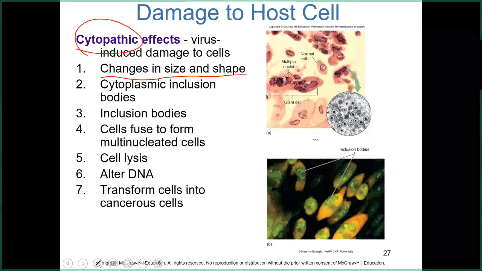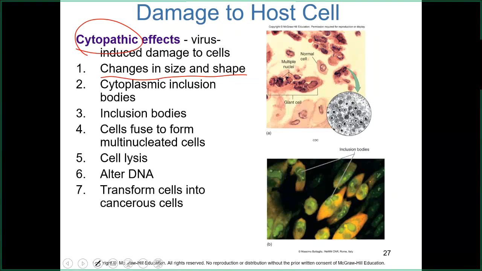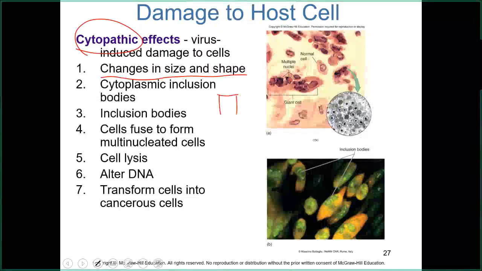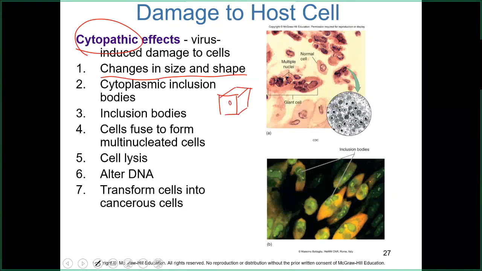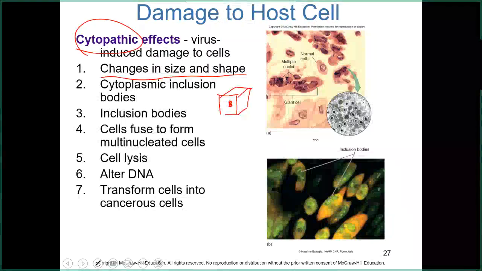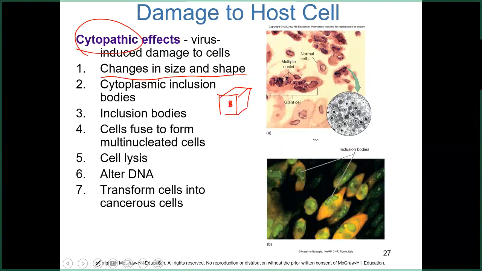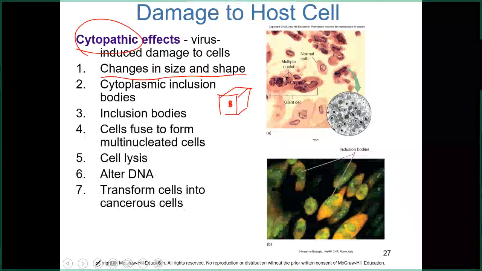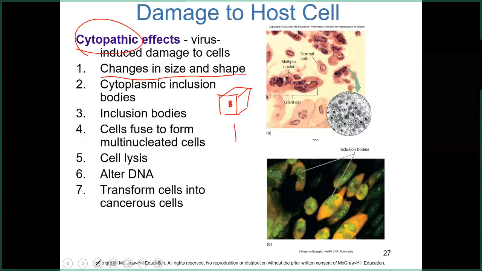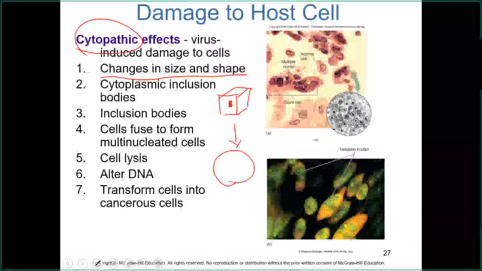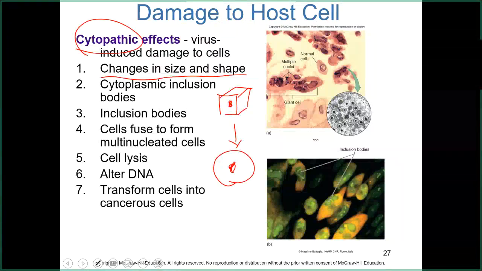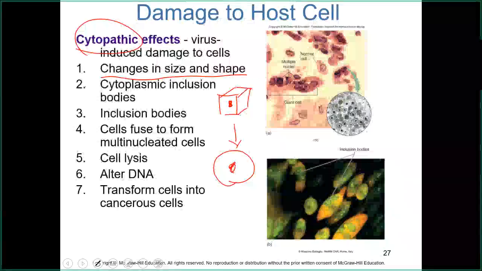Say the cell in its normal state is cuboidal, like in the renal tubules. If it's virally infected, it'll lose the cuboidal shape and round out, and it'll look swollen and take on a very generalized look.